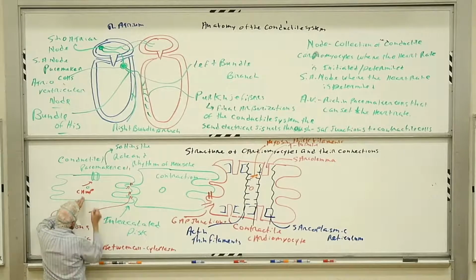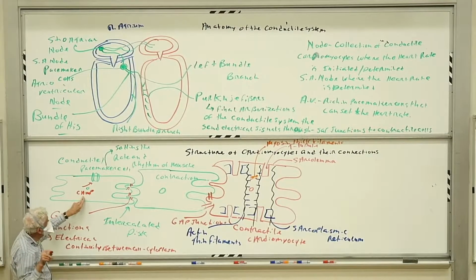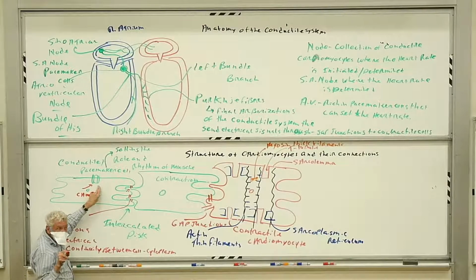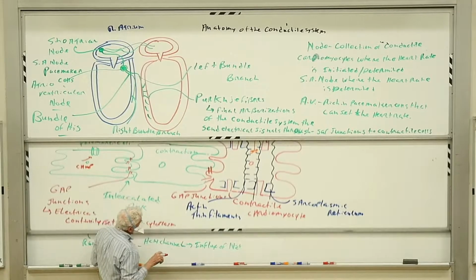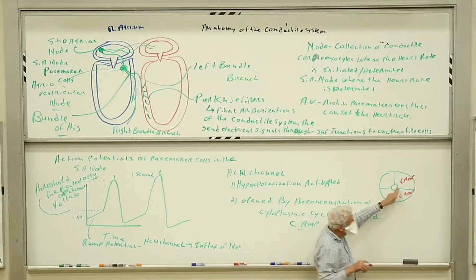Remember, this molecule is generated by adenylyl cyclase. We'll see a little later that by activating adenylyl cyclase, we'll make more cAMP. The more cAMP we have, the higher the probability that cAMP will bind to these channels. The more of these channel sites that are bound, the higher the probability this channel is going to open.